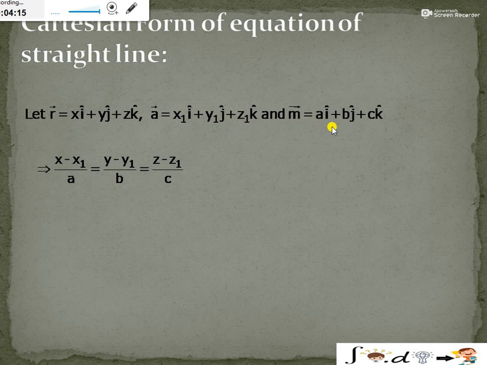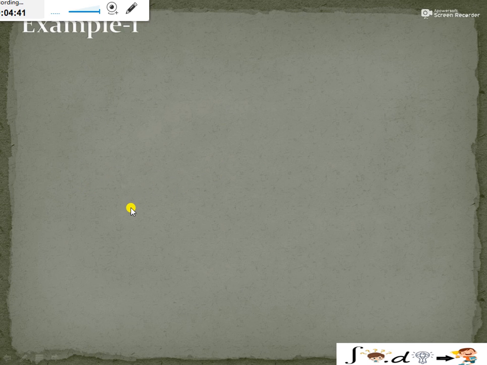And now after substituting the values and comparing, we get x minus x1 by a is equal to y minus y1 by b is equal to z minus z1 by c. This is the Cartesian form of the equation of line, where a, b, c are the direction ratios of the given vector.